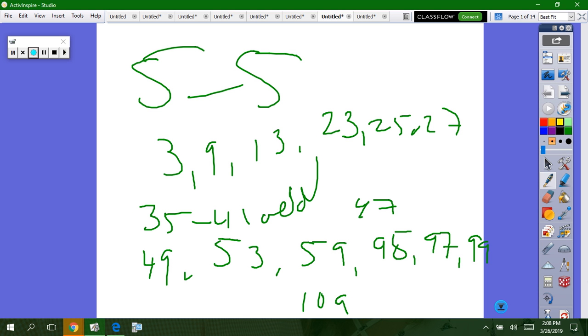Yeah, but you can't add 2 plus 2. In front of the formula?